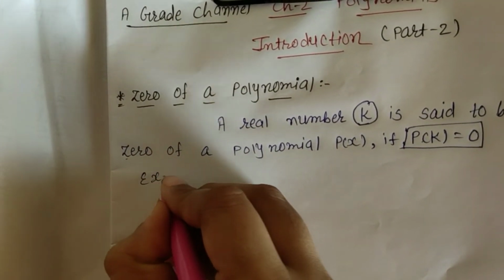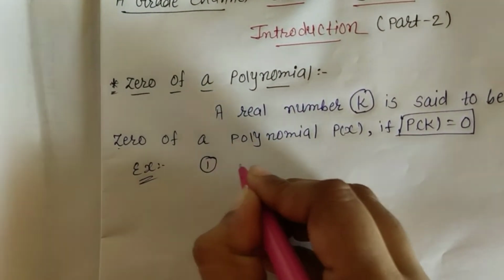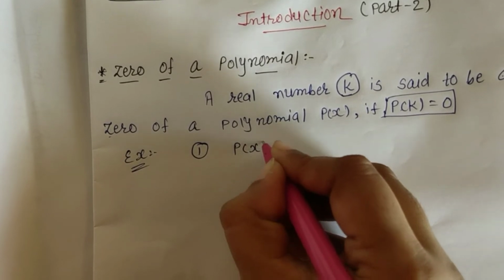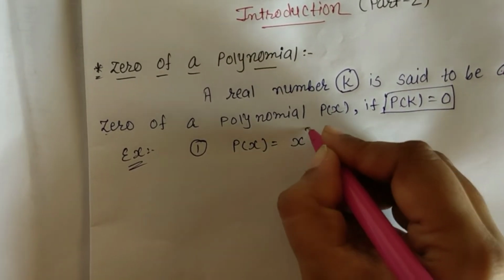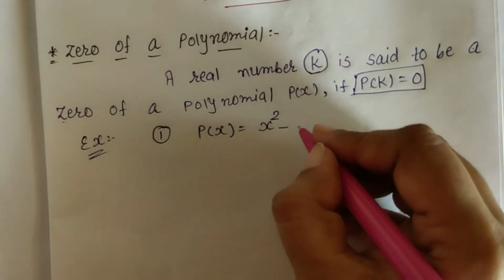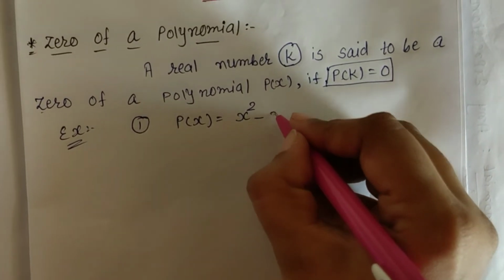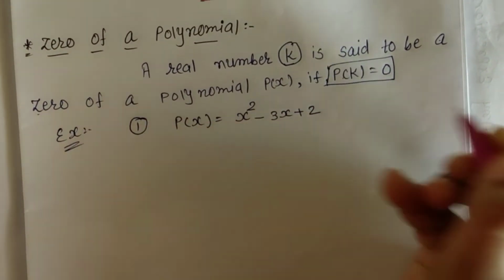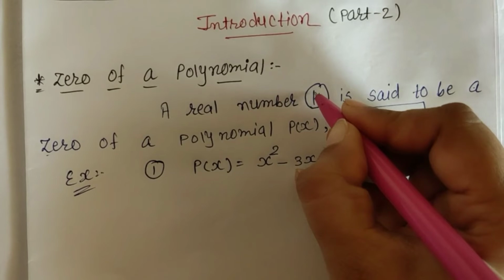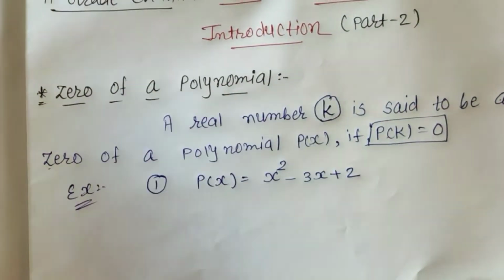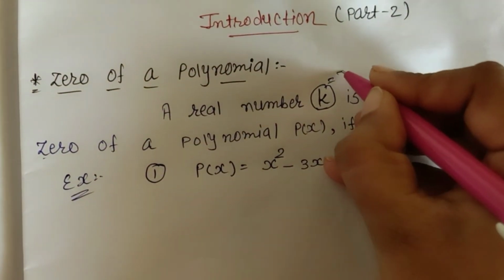We'll take example 1. First of all, we take one polynomial p of x is equal to x square minus 3x plus 2. Now we take k as one real number, and we will take k is equal to 1.